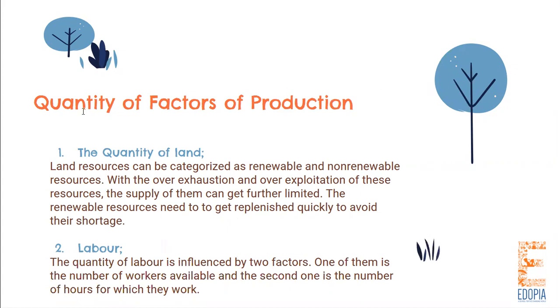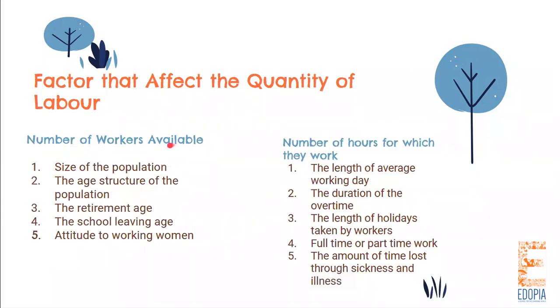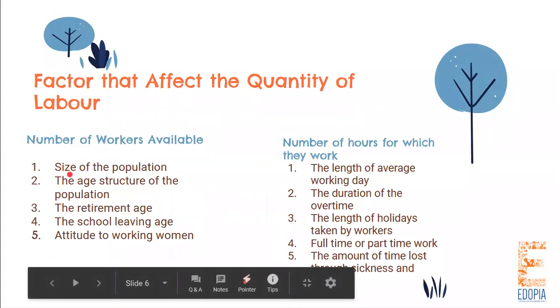Now, looking at the two factors of labor, we'll see what are the elements that impact the quantity of labor. First of all, looking at the number of workers available, the size of population is one of the determinants, which provides how many workers would be available in a country or for a business.